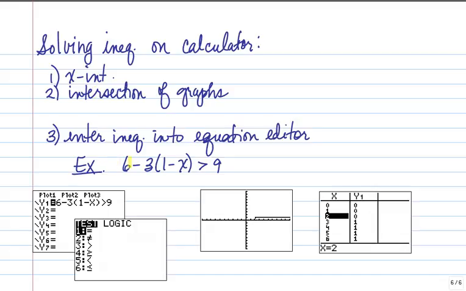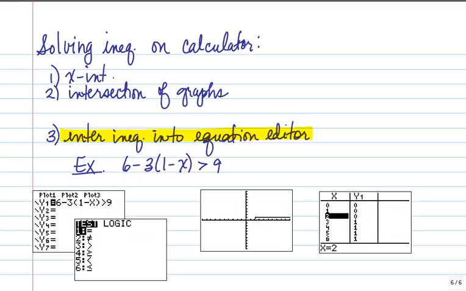There's another way you can solve inequalities on the calculator, and the way you do that is you simply enter the entire inequality into the equation editor. So for instance, if I wanted to solve 6 minus 3 times 1 minus x is greater than 9, what I could do is enter that entire expression into y1.